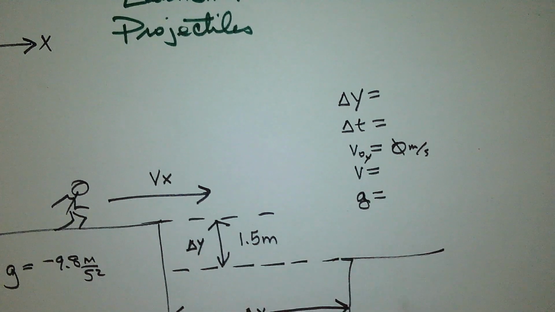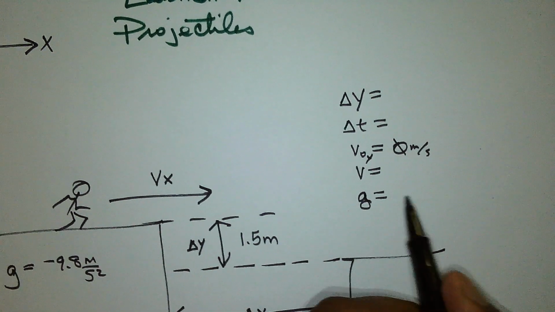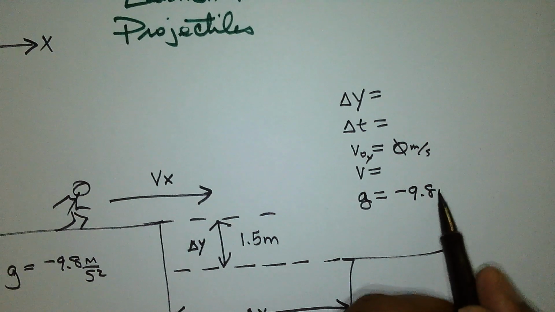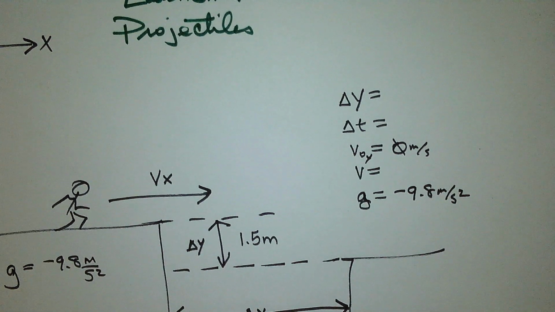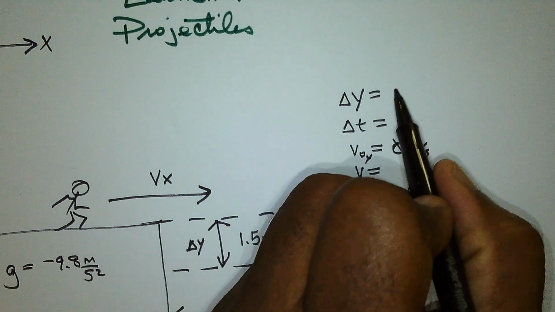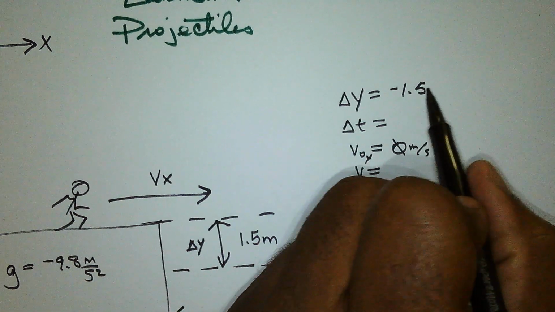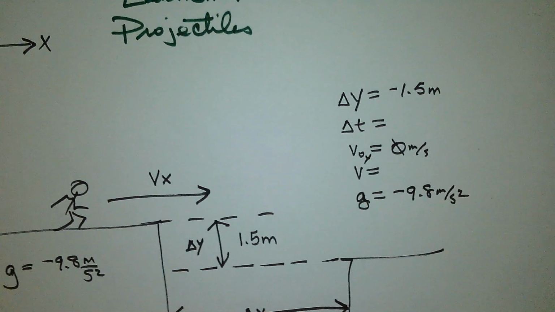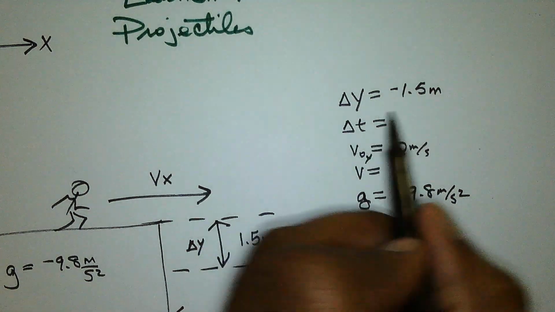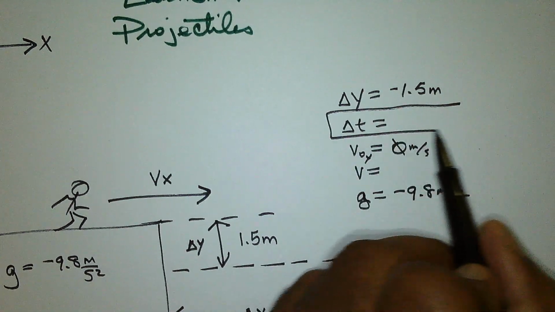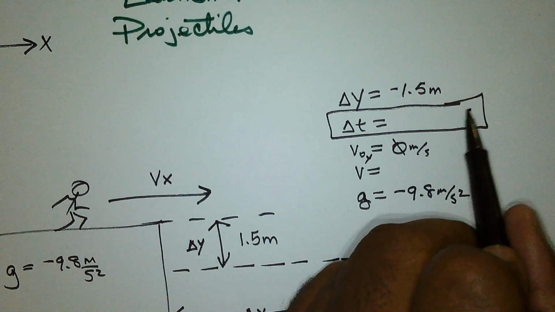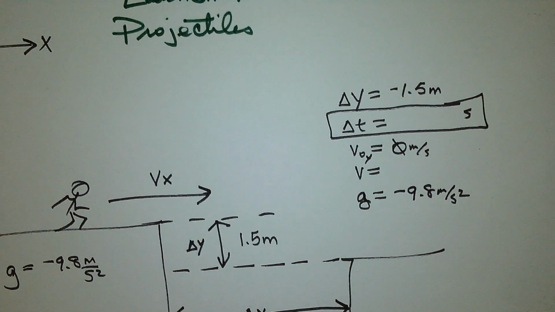We can put a little y there for that. We know that this is negative 9.8 meters per second squared. We know that our drop is a negative 1.5 meters. And what we're looking for is the time in seconds.